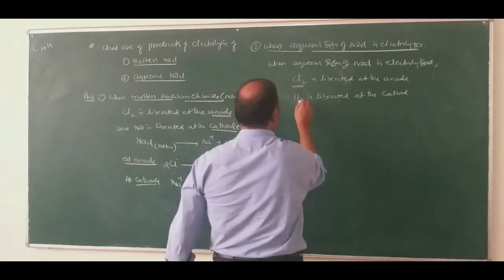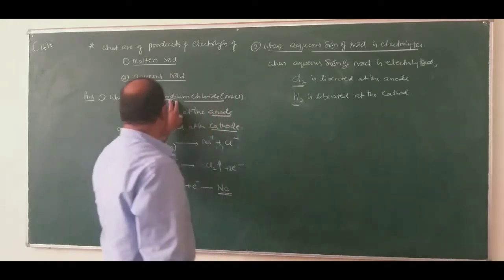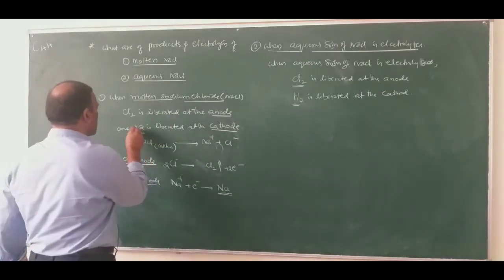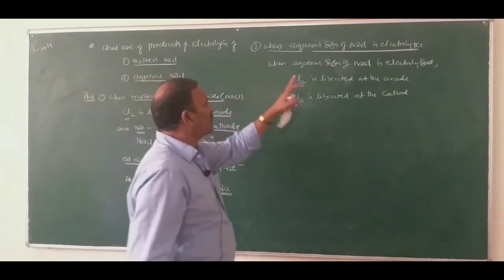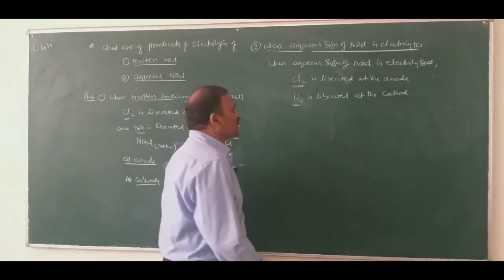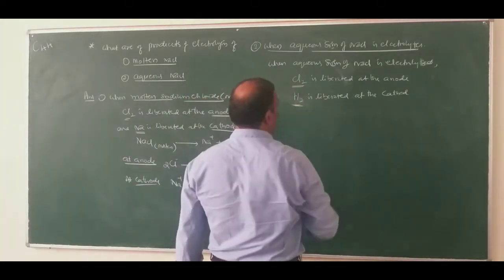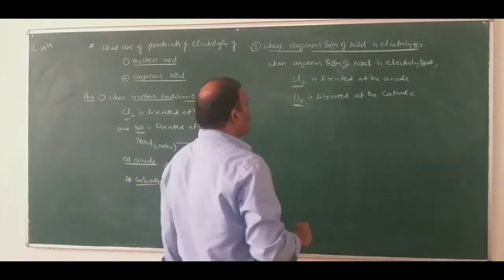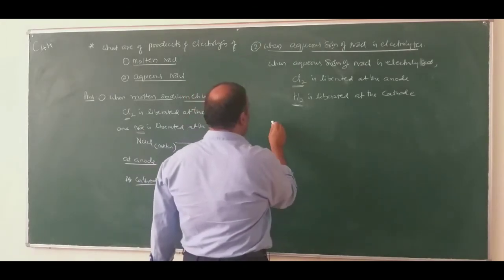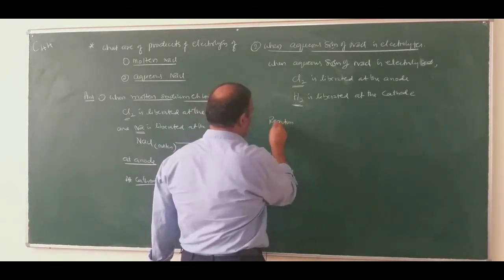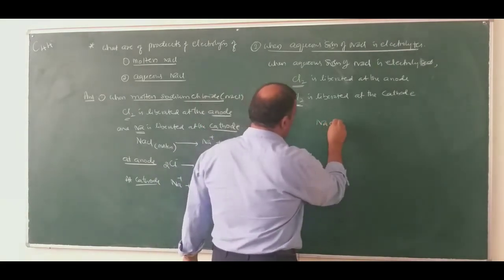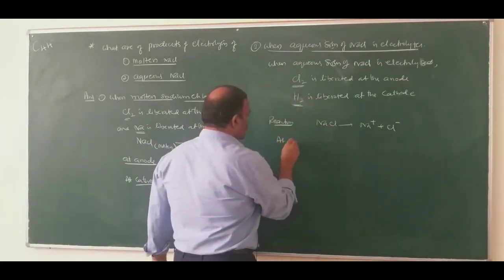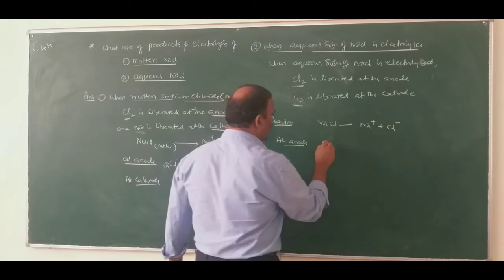This is very important. So when it is molten sodium chloride, chlorine is liberated at the anode and sodium is liberated at the cathode. So if it is an aqueous solution of sodium chloride, chlorine is liberated at the anode and hydrogen gas is liberated at the cathode. So what is the reaction here? NaCl dissociates to give Na+ and Cl−. So at the anode, what happens?